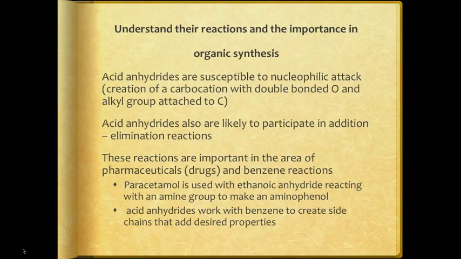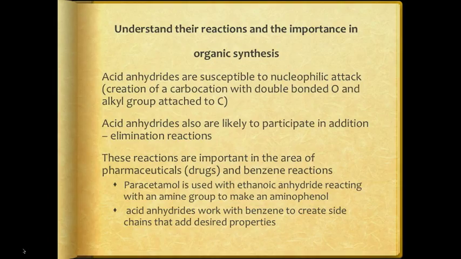Acid anhydrides are also likely to participate in addition reactions. And we'll see in this podcast that these reactions are important in the area of the making of drugs called pharmaceuticals, and also in benzene reactions.